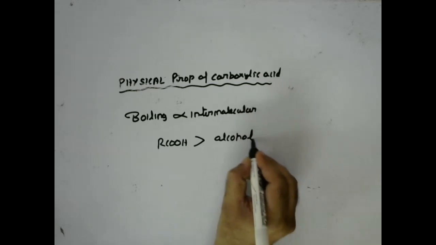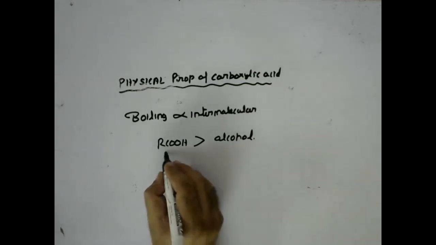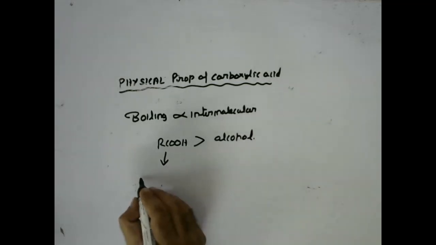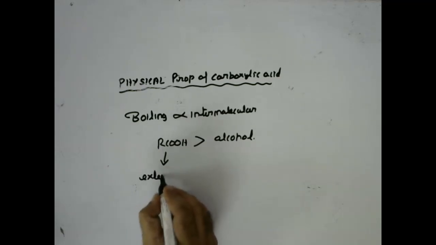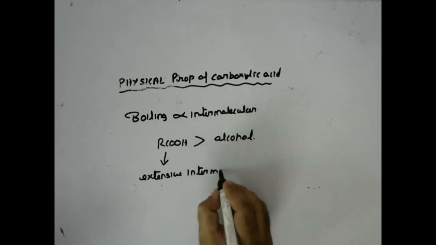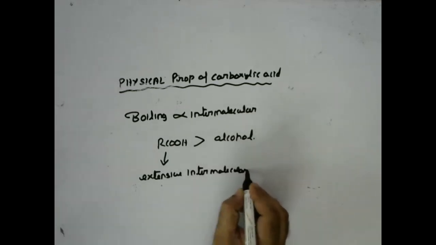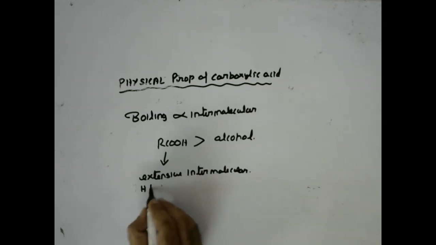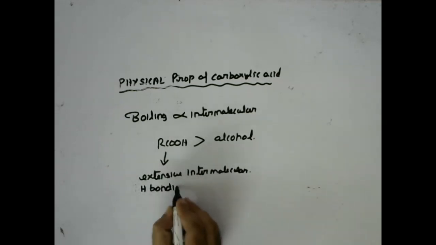Carboxylic acids have a very high boiling point because they form extensive intermolecular hydrogen bonding. Extensive means a lot.